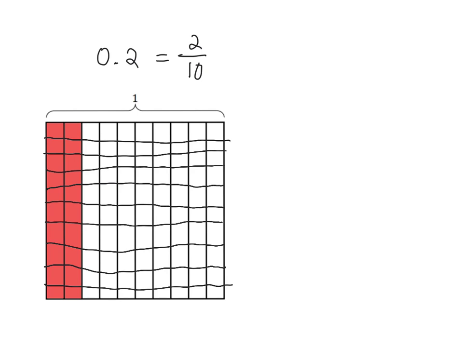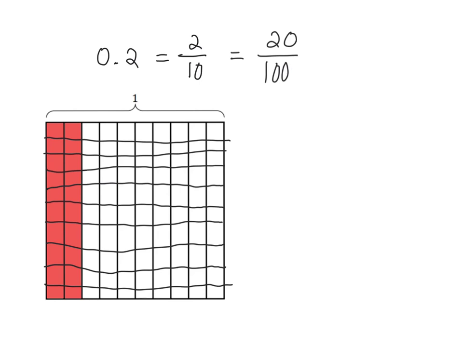We have now made an equivalent fraction of 20 hundredths. We didn't draw or color in more red boxes. They were already there. But since we made another group of 10, this section is no longer 2. It's now 20, which is in the numerator. And now it's no longer out of 10, it's out of 100.